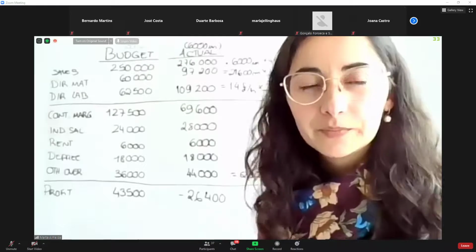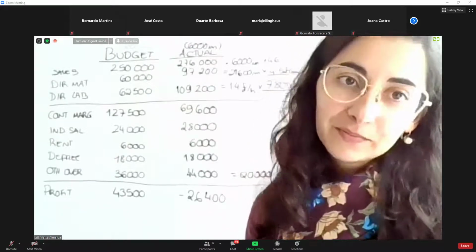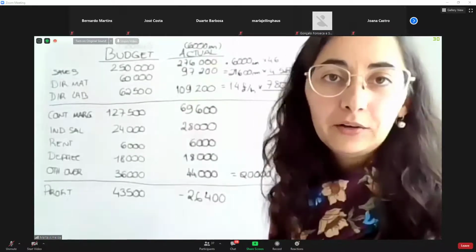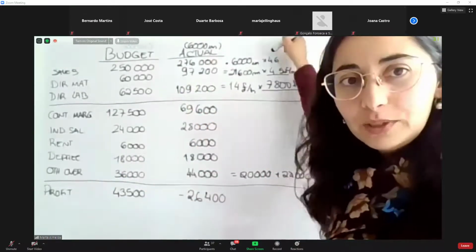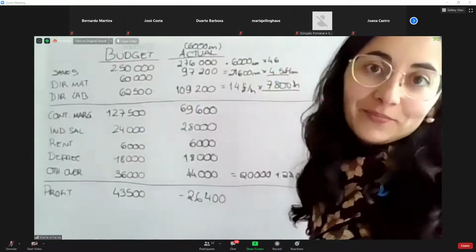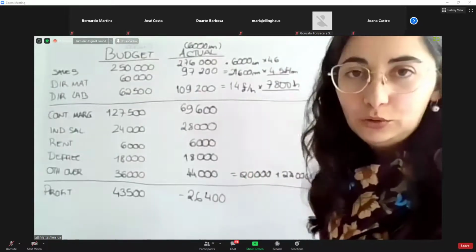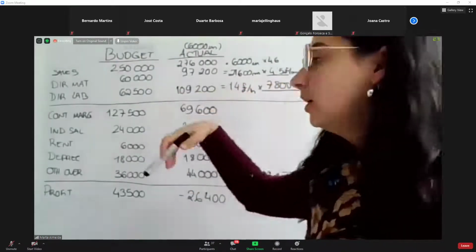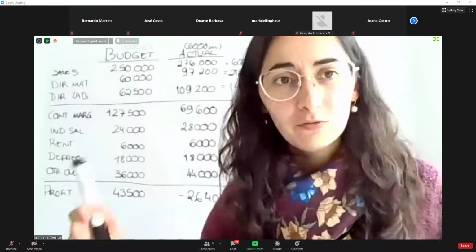Yeah, but it smells like the manager of direct materials was not very good as well. He paid more for materials of poor quality. Yeah, we can also argue that he did not do a good job. And we can also argue that maybe there was a problem with the materials because of the lockdown.